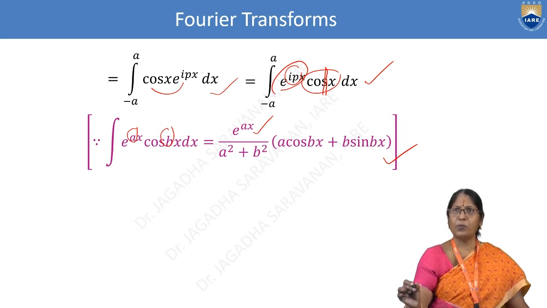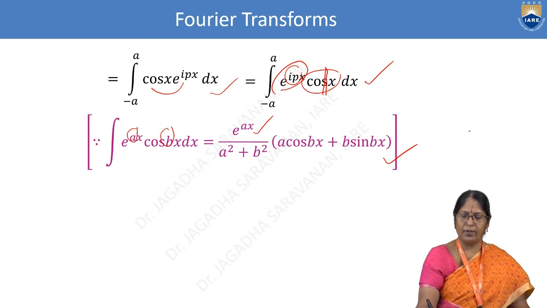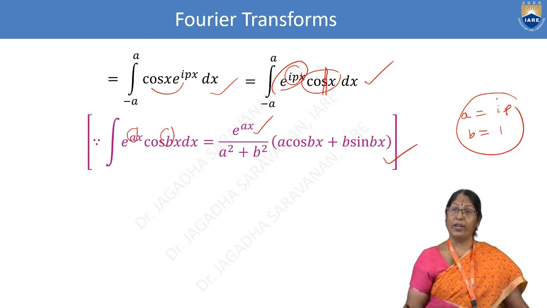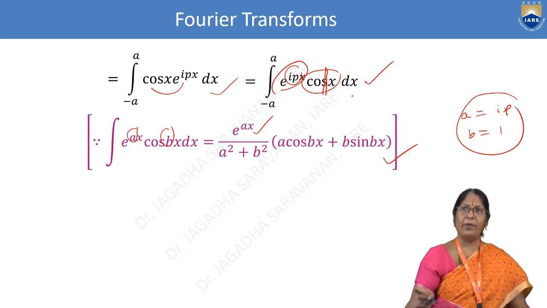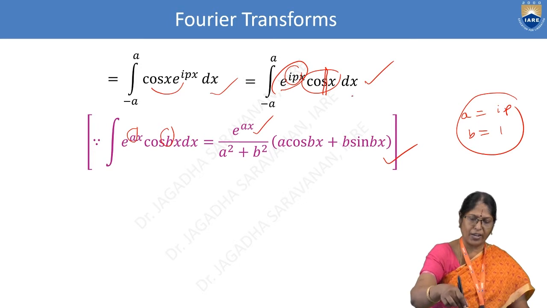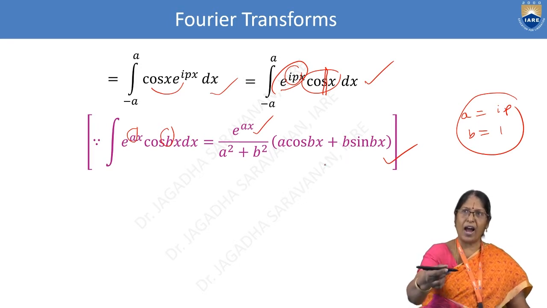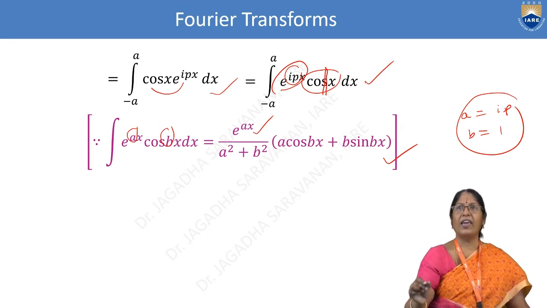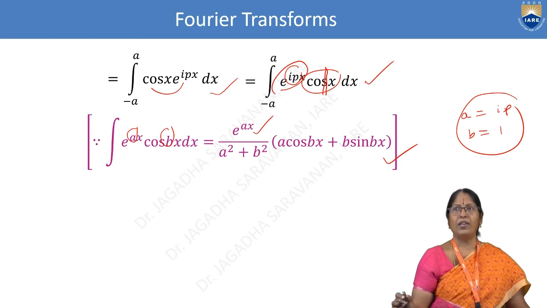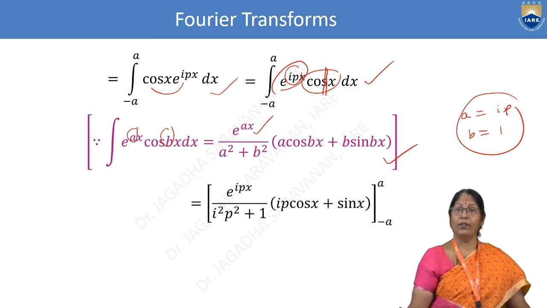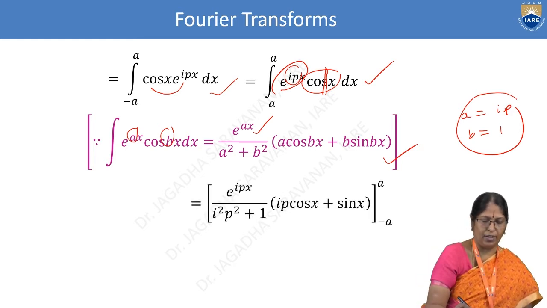So B is playing the role 1, A is playing the role ip. So we compared our problem's integration with our formula. We identified A is ip, B is 1. That we are going to substitute in the formula. We substituted. Yes, we can check whether it is correct or not.